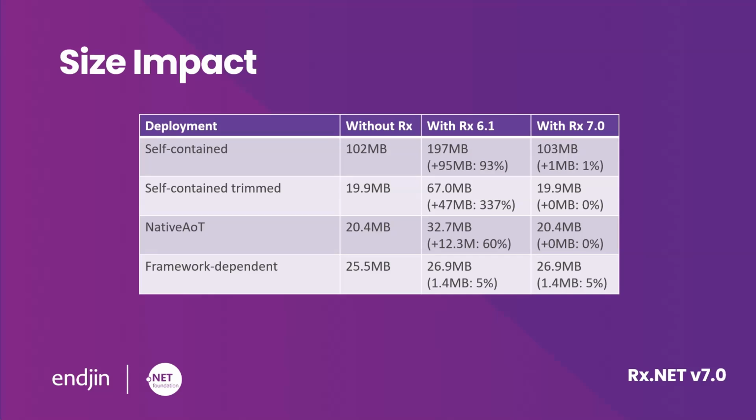But the point is that by moving the UI framework support out into separate NuGet packages, we no longer force Windows projects to take a dependency on WPF and WindowsForms, and for certain deployment models, that can make your deployable outputs tens of megabytes smaller. So that was the big new feature of RX7.